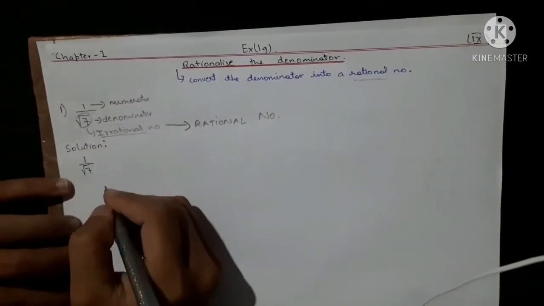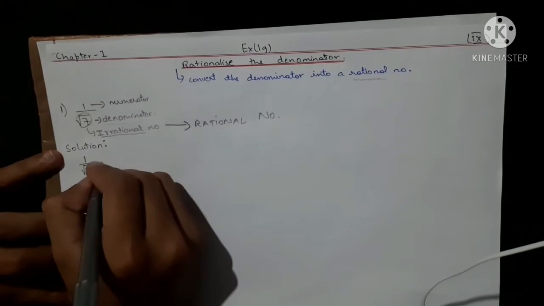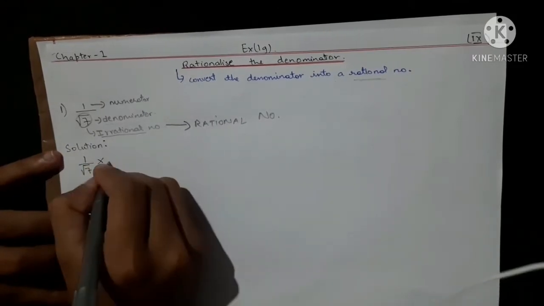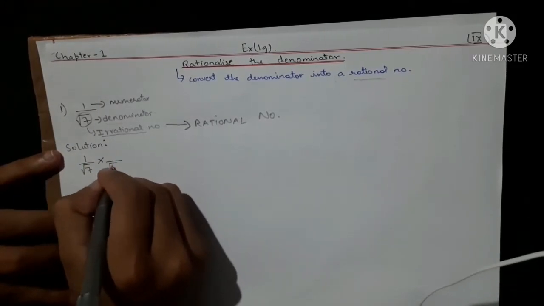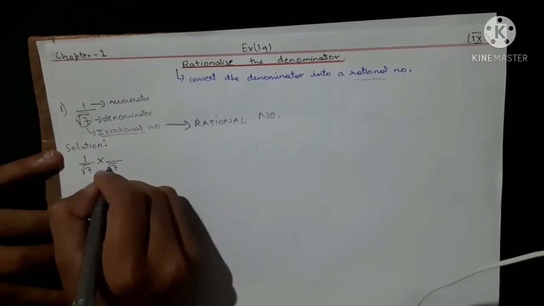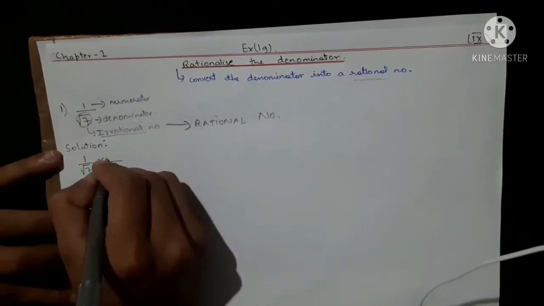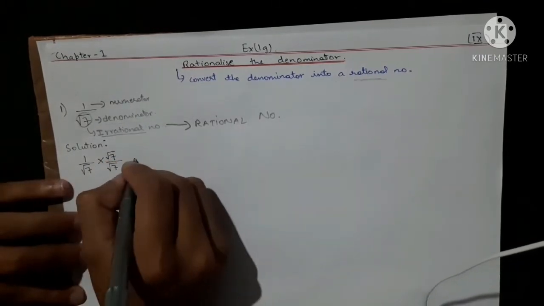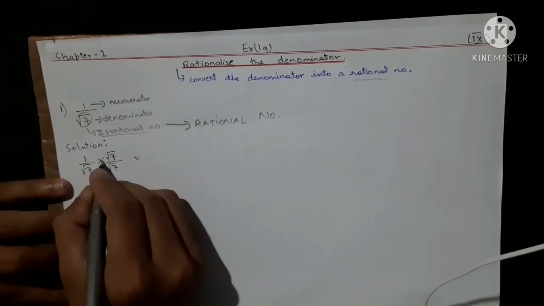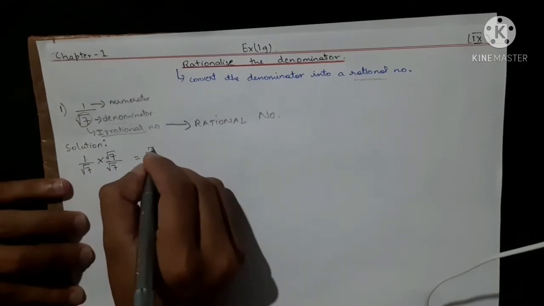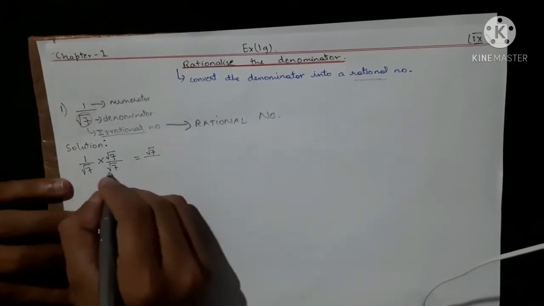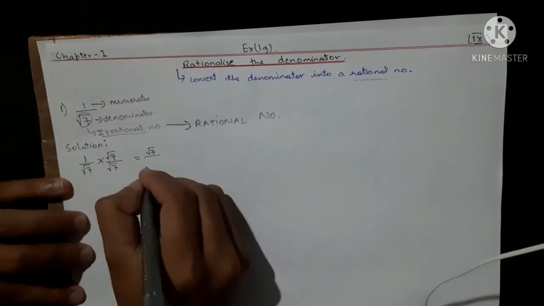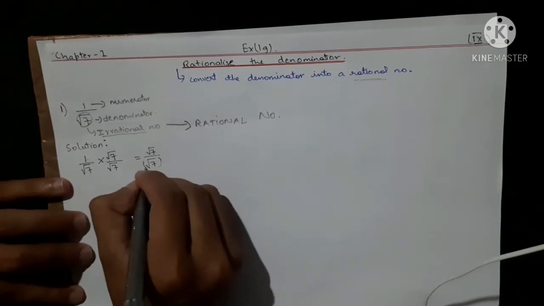So now 1 by square root 7, what we have to do is we just multiply it with square root 7. Multiply square root 7 in the denominator, and to balance it, we multiply also in the numerator. So this equals 1 multiply square root 7 equals square root 7. And square root 7 multiply square root 7 is square root 7 whole thing square.